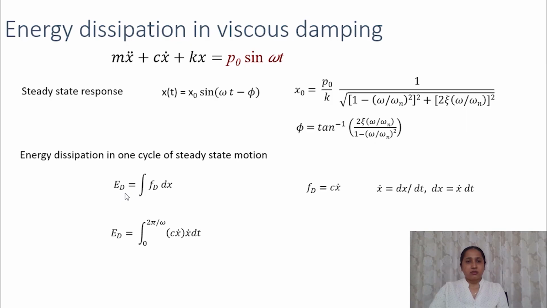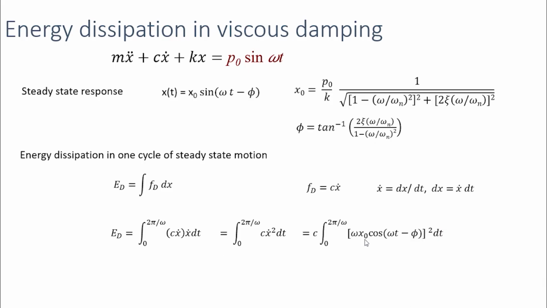So the energy dissipated due to damping is the integral from 0 to 2 pi by omega of C x dot squared dt. We can substitute the expression for the velocity and integrate.